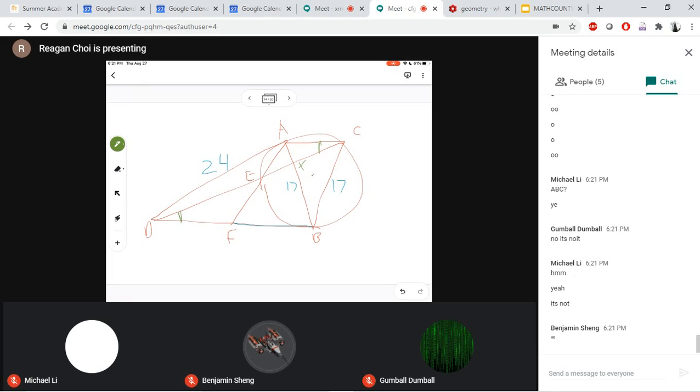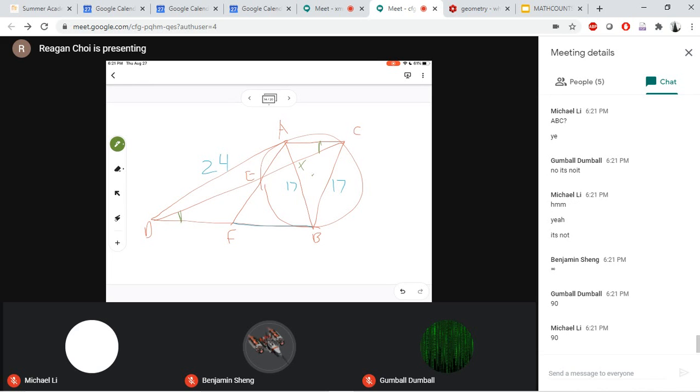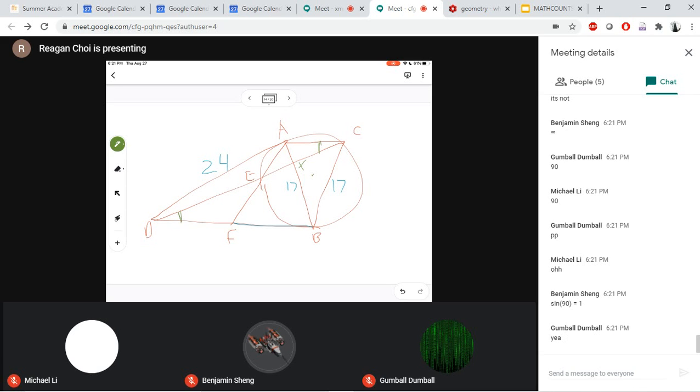So if we have tangents, what angle equalities can we get? 90 to the center, yeah. What other unusual ones that we covered previously? Power of a point, I guess. Sine 90 equals 1.